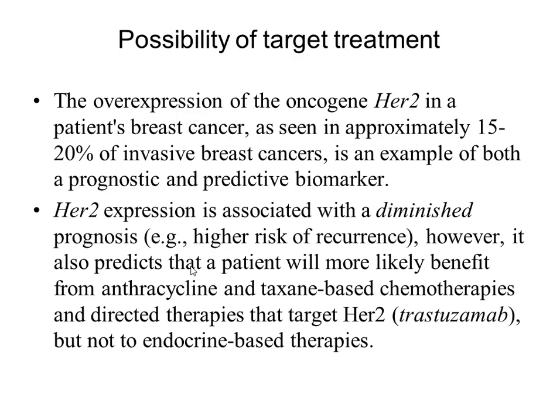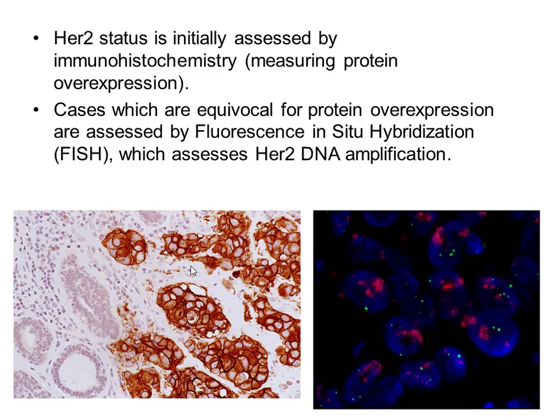However, it also predicts that the patient will more likely benefit from anthracycline and taxane-based chemotherapies and directed therapies that target HER2, such as trastuzumab, but not from endocrine-based therapy. HER2 status is initially assessed by immunohistochemistry measuring protein overexpression.